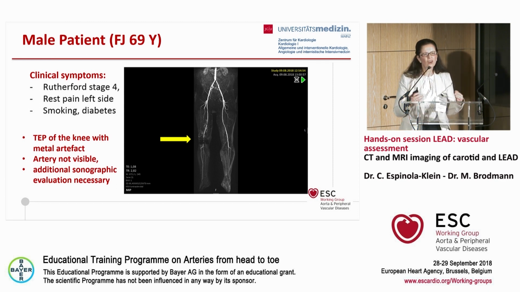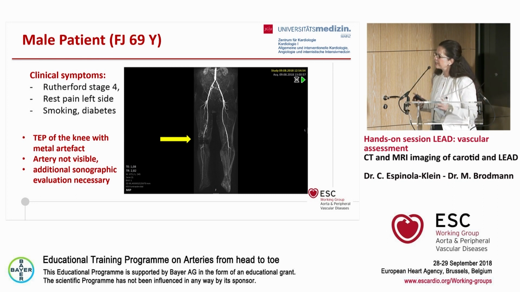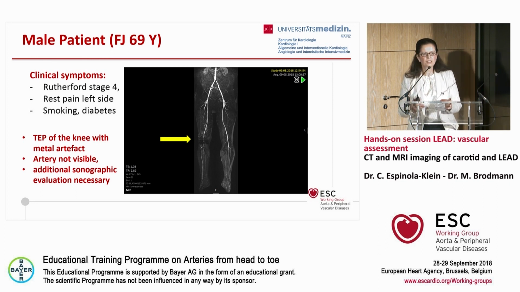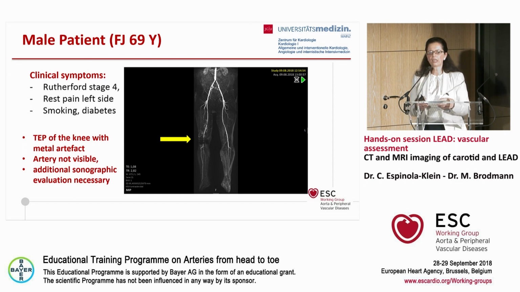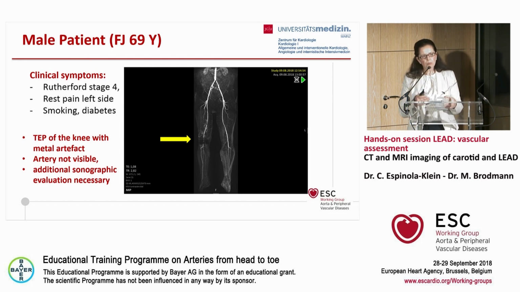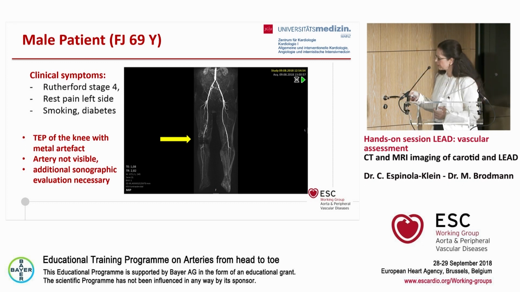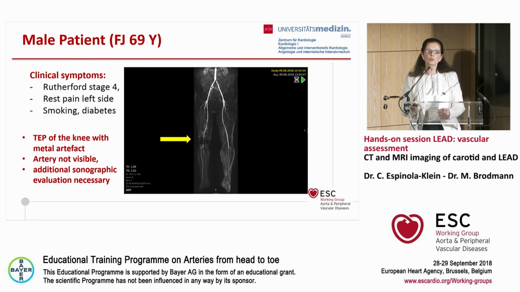Therefore, and that's very, very important for our fellows, please always ask the patient if they have any metal prosthesis of the knee, of the hip. It's very important, because in this case, duplex ultrasound is superior in this area to the MRI scan.